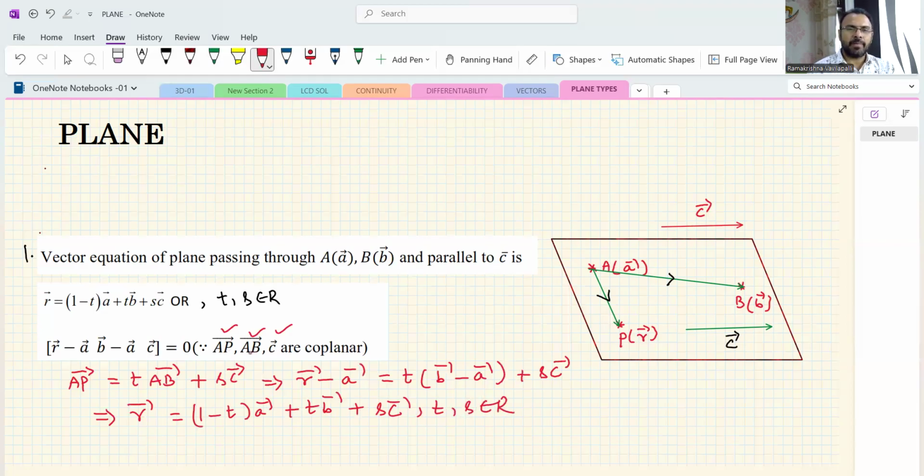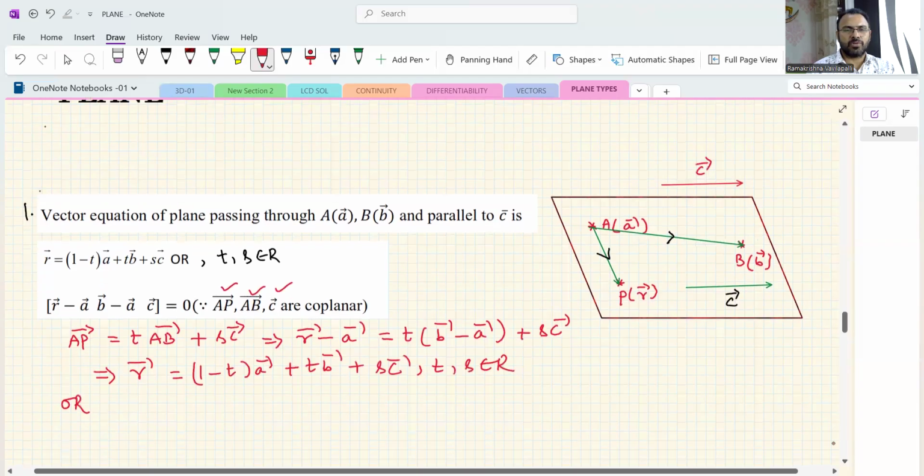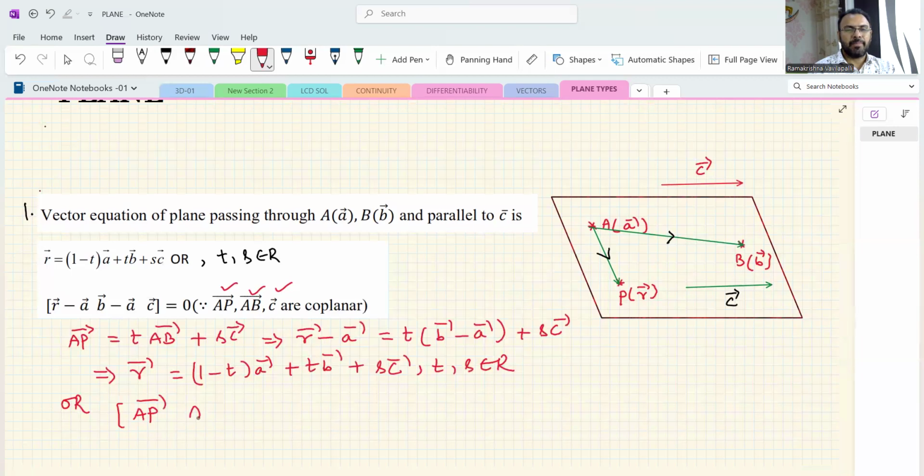Now, as AP bar, AB bar, C bar are coplanar, we can have that the box is equal to 0. Box of AP bar, AB bar, and C bar equal to 0. Well, this is nothing but box of (R bar minus A bar), (B bar minus A bar), and C bar equal to 0.